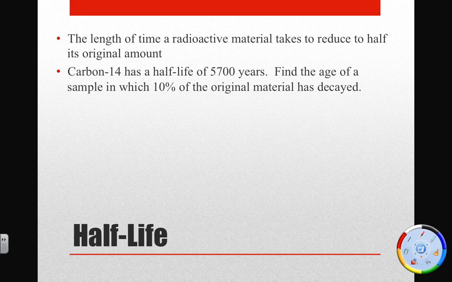This is kind of a hard question because we don't really have an equation for this in today's notes, but we have a basic understanding of exponential functions. Because we are taking a half every 5,700 years, we can, I'm not saying we can't, but we don't usually use e as a base for our exponential problem. Because we're taking a half, we like to use 1/2 as the base of our exponential function.